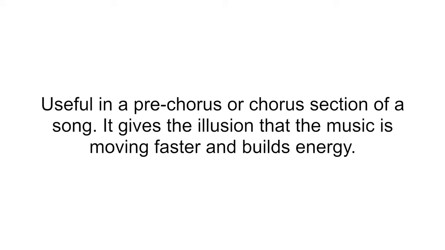This is really useful in a pre-chorus or chorus section of a song to give the illusion that the music is moving faster. It helps to build the energy in your piece.